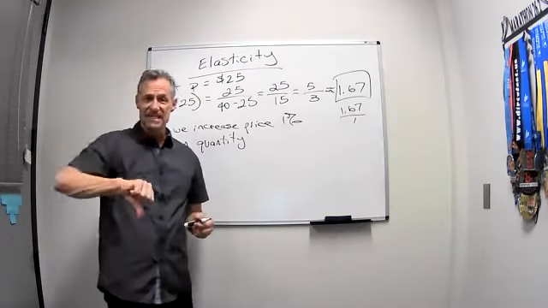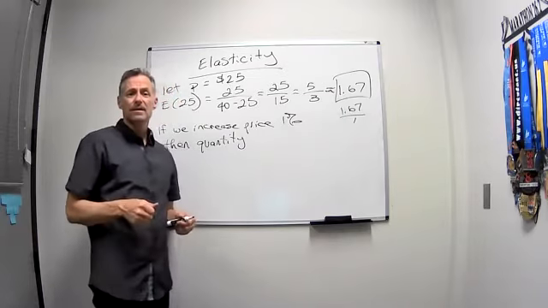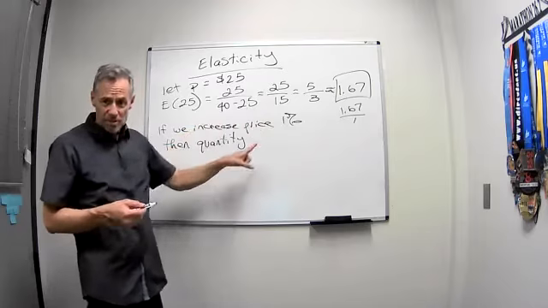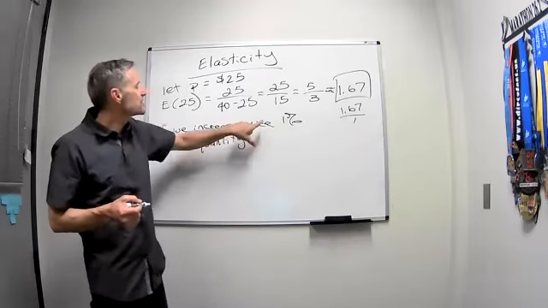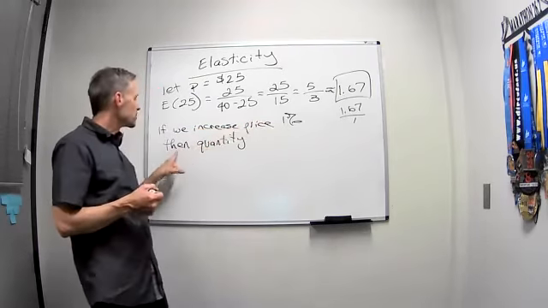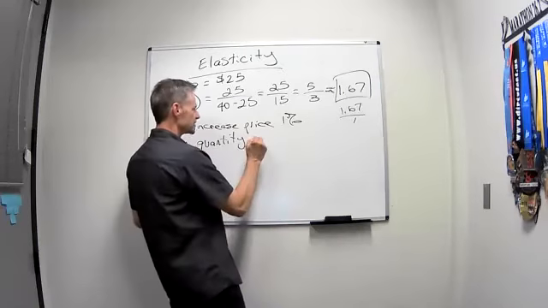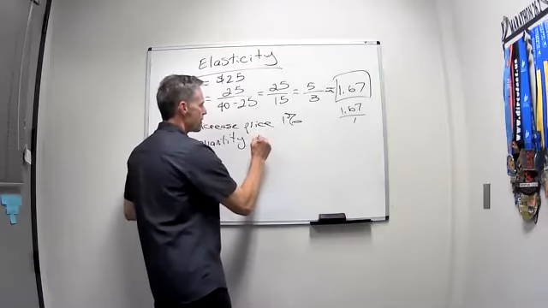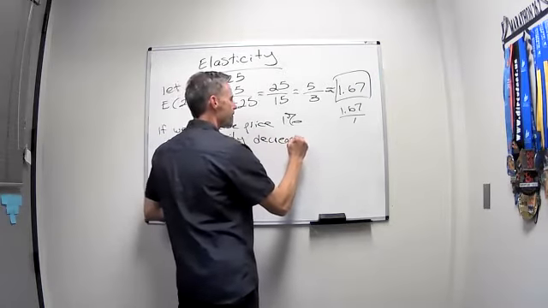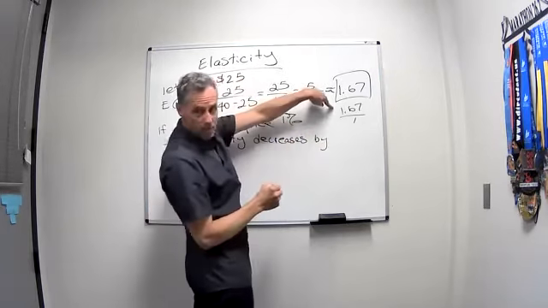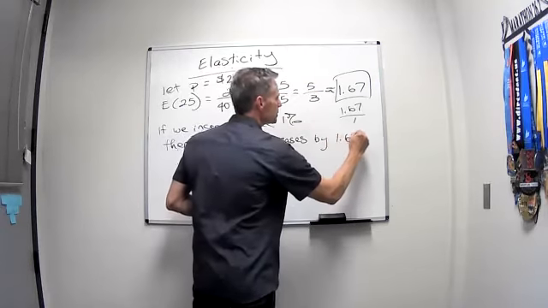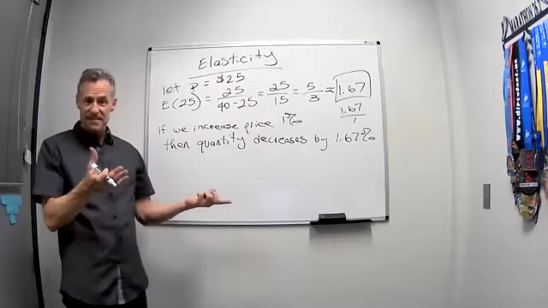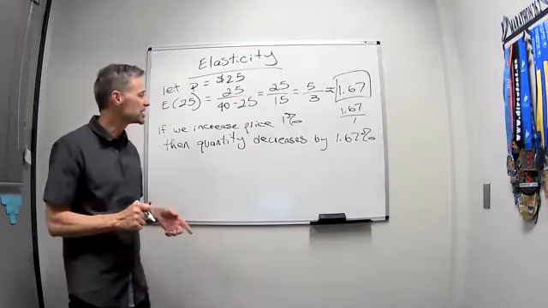You increase the price, decrease the quantity demanded, decrease the price, increase the quantity demanded. So these always go in opposite directions. So if we increase the price 1%, the quantity is going to decrease by 1.67%. So the number does really stand for something. It's that percent change in quantity over percent change in price.